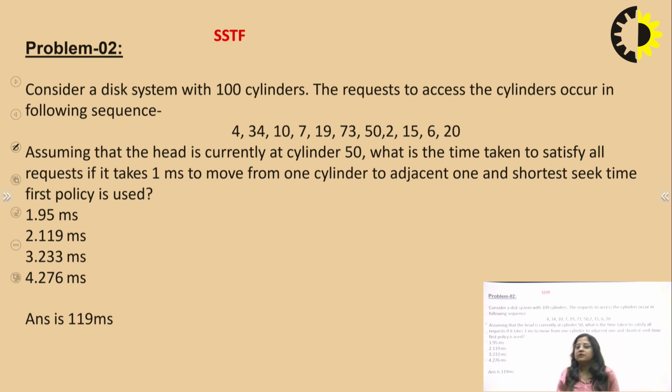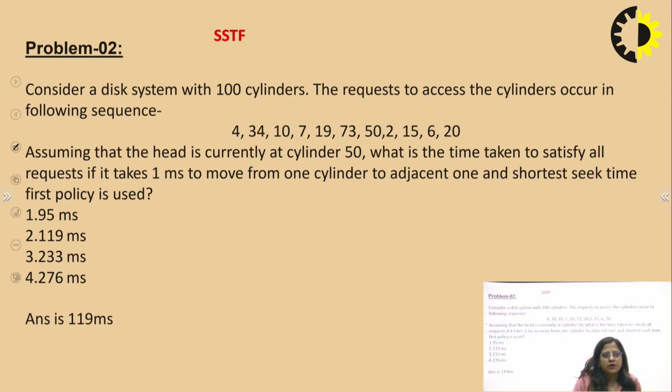Assuming that the head is currently present at cylinder 50. And what is the time taken to satisfy all the requests if it takes 1 millisecond to move from one cylinder to an adjacent one, and the shortest seek time first policy is used? Means this question is solved by SSTF.